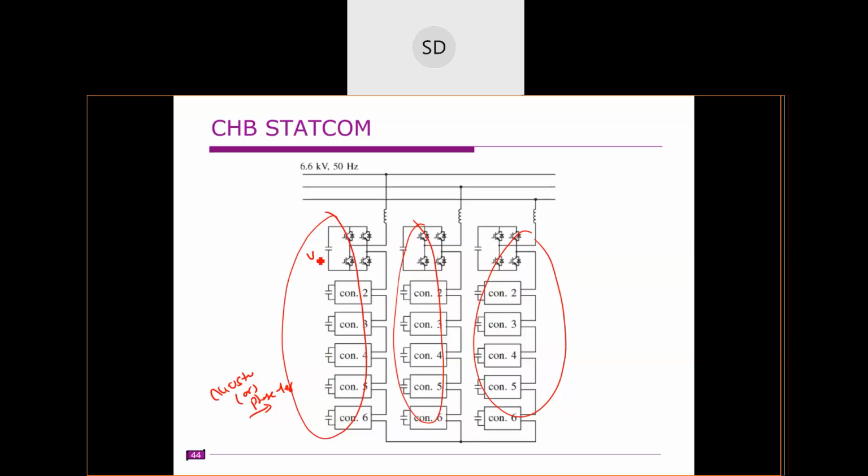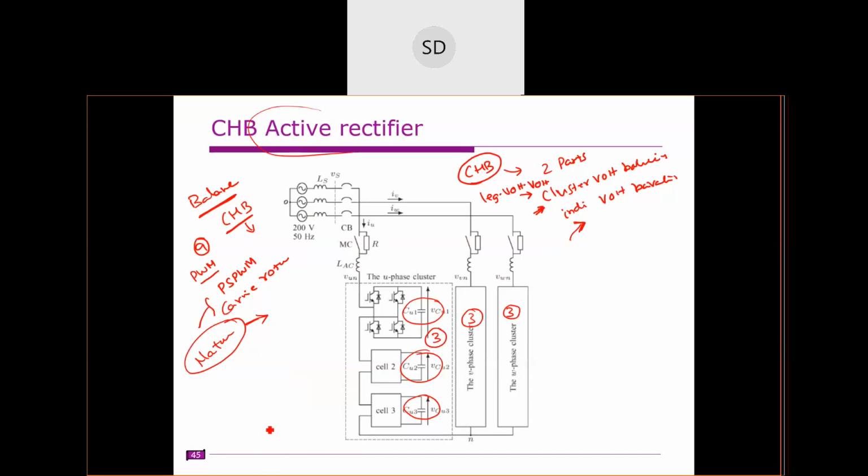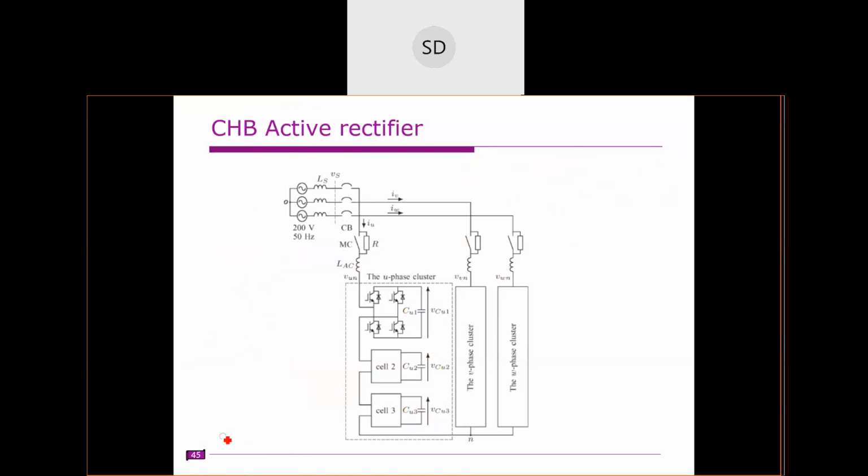In case of this cluster voltage balancing, let us assume that these are VDC1, VDC2 and VDC3.